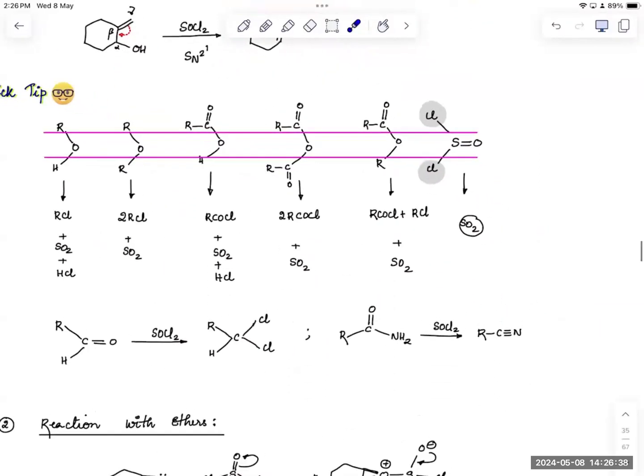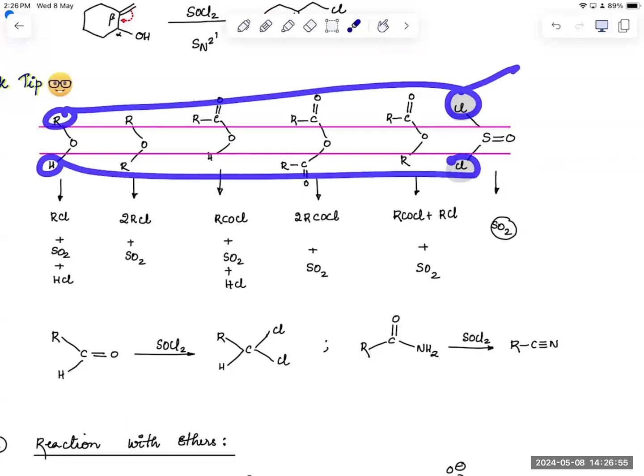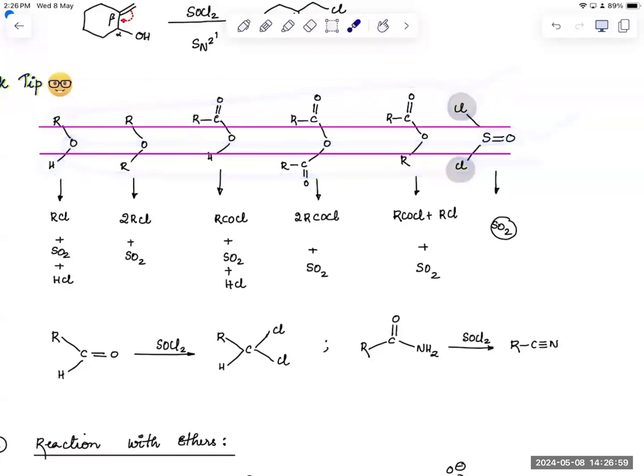Now, just as a tip, just like how we have done it for alcohol, the same logic you can apply for ethers, for acids, for esters, and so on. With SOCl2 and alcohols, this R and Cl will go away, this H and Cl will go away, and this oxygen and sulfur will make SO2.